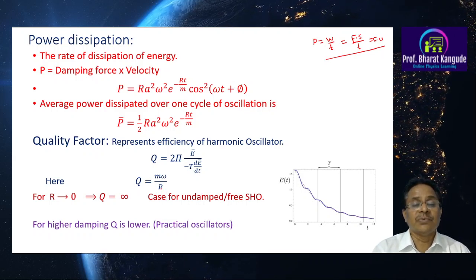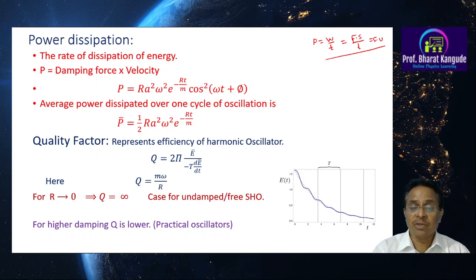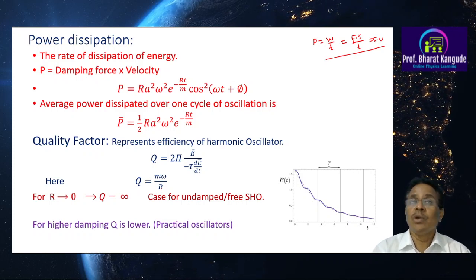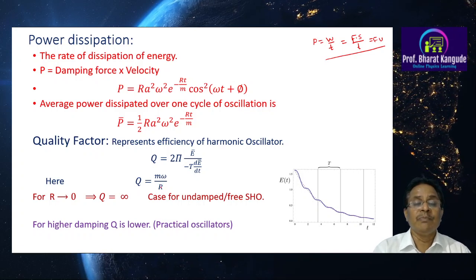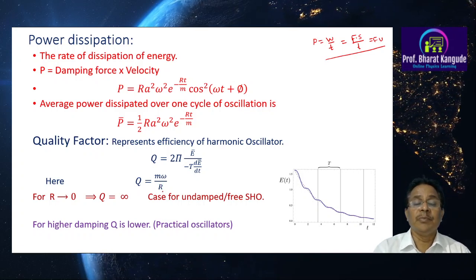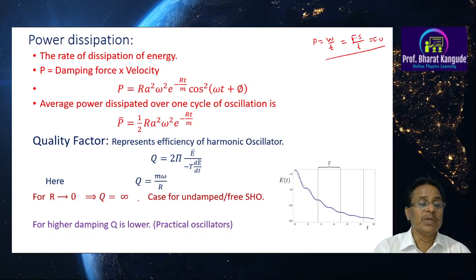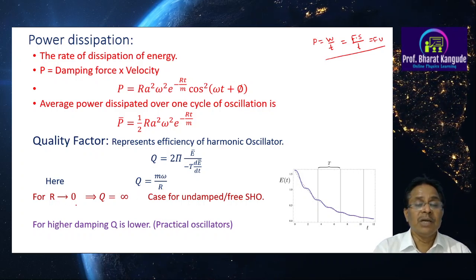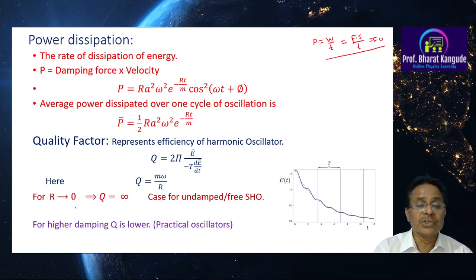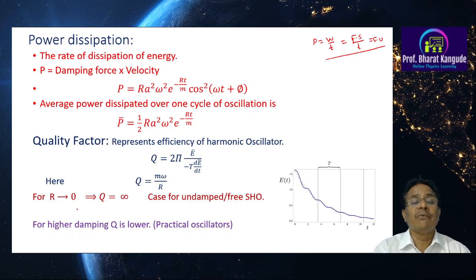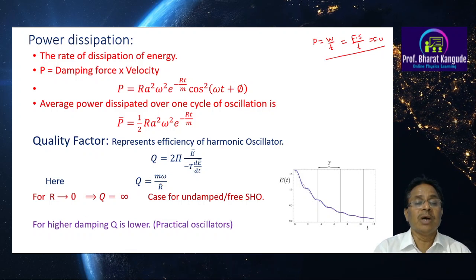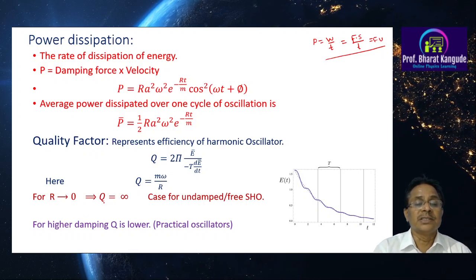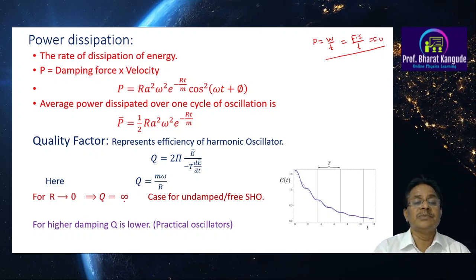So these three quantities alone decide the efficiency of this oscillator. Now if r is very large, then the efficiency of the oscillator is very small, so it won't be a good damped harmonic oscillator. If r is small, then this type of harmonic oscillator may have a good efficiency. When r is made very small or almost zero, that is the case of a free undamped oscillator, and in that case, anything positive upon zero, the quality factor of this oscillator becomes infinity.